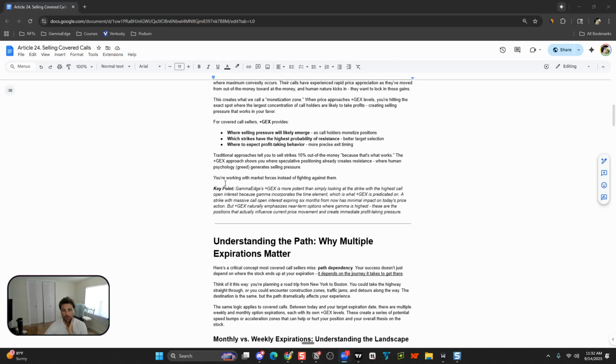And just an important note, a key differentiation: GammaEdge's plus GEX is more potent than simply looking at the strike with the highest call open interest in the option structure. The reason for this is that plus GEX incorporates gamma, which is the element of time.